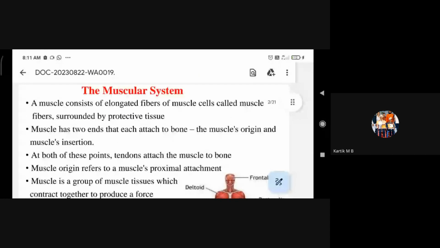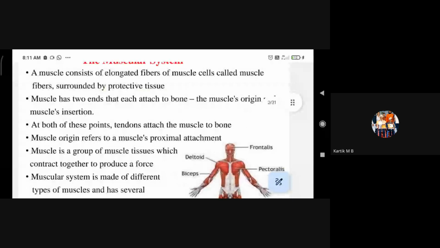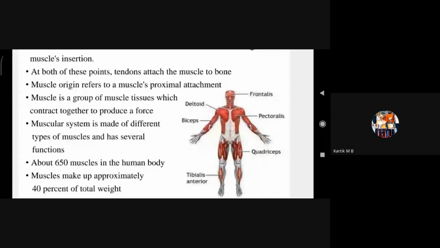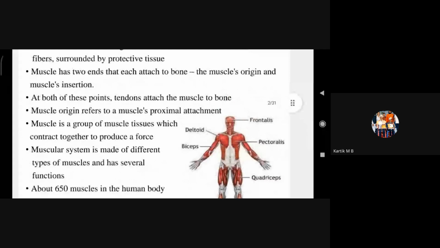Yes. So we have started the muscular system today, and we have got an introduction to it. A single cell is known as a muscle fiber, a collection of muscle fibers is known as a fascicle, and a collection of fascicles makes a muscle.